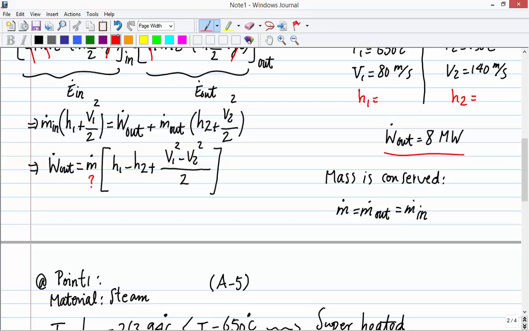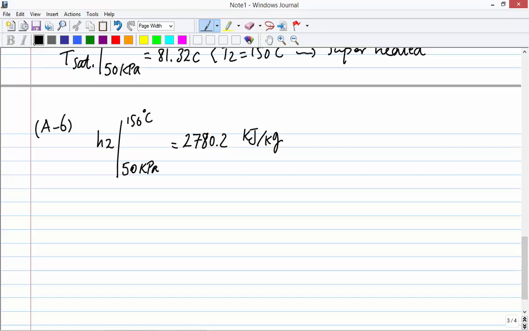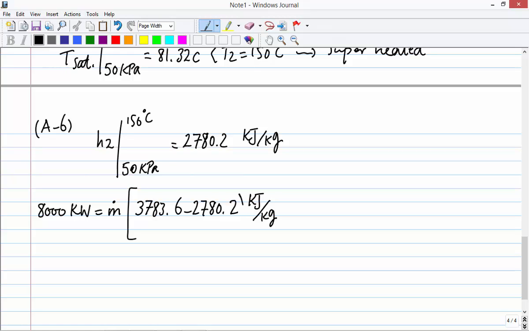So let me show this equation again. Now we got them. So all I need to do right now is just put in everything. And please be careful that the units are important. So keep them in your formulation because you're gonna play with them. Here I'm talking about kilojoule per kilogram, right? For both. Plus the difference between velocity squares, v1 and v2, divided by 2.